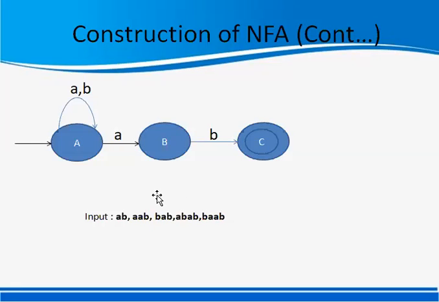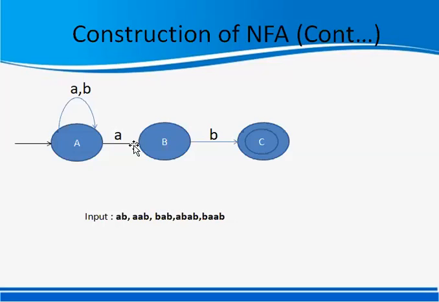In order to construct the NFA, we have to make a transition in such a way that only after scanning a substring AB, the transition will reach the final state, so that that string will be accepted.